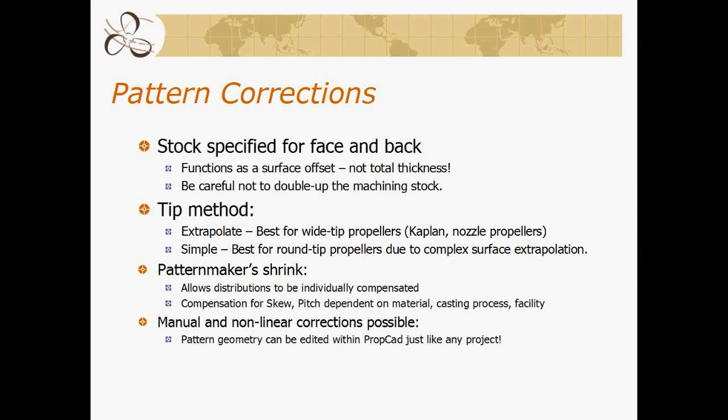Highly skewed wheels are going to have greater correction, and pitch can also be dependent on what material it is. Some materials will distort or lose pitch more than others. And once we've finished correcting a design in PropCAD, we can always do manual and nonlinear corrections, just like any other PropCAD project.